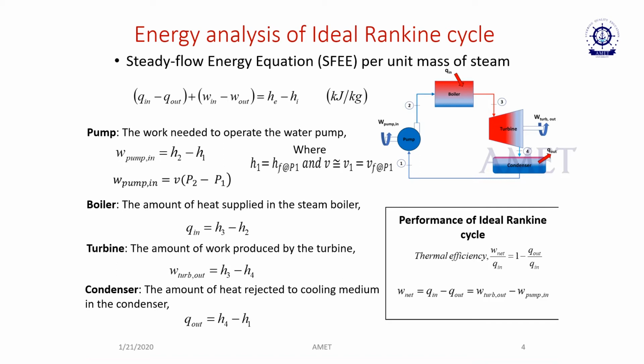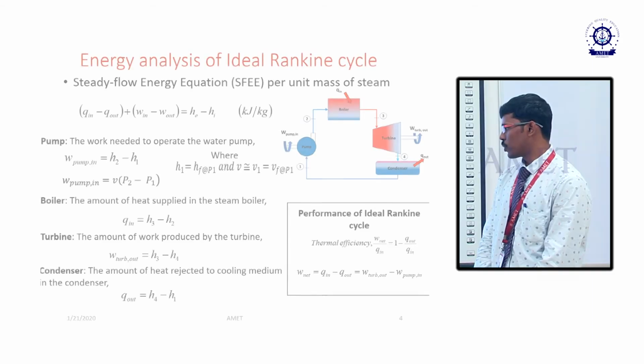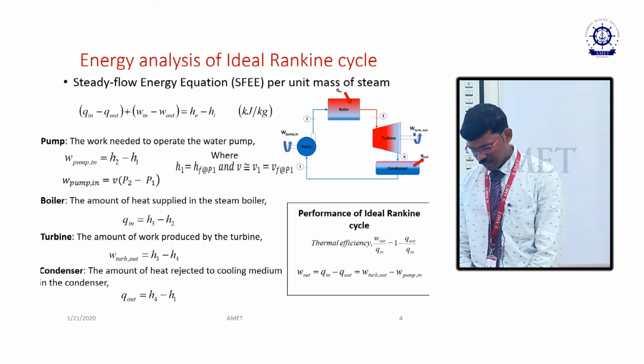In the turbine, there is no heat transfer, only work transfer is happening. The turbine produces work, so the equation reduces to W is equal to H3 minus H4. In the condenser, no work is happening, only heat transfer. So, Q out is equal to H4 minus H1.